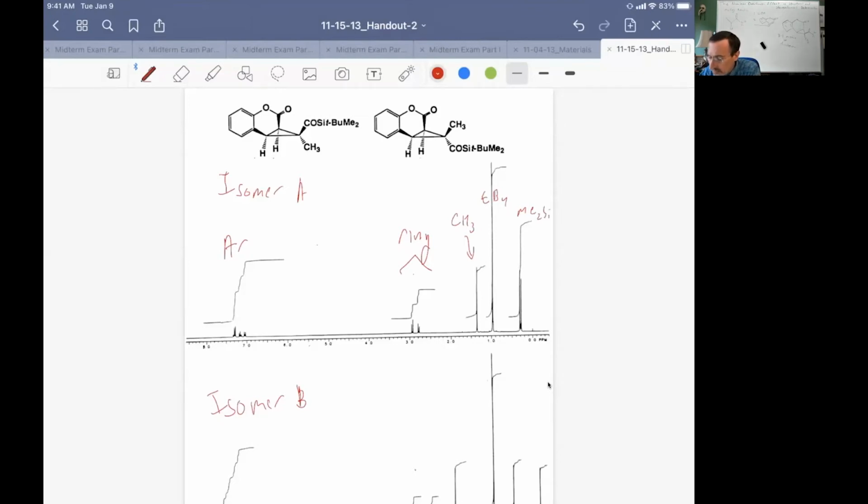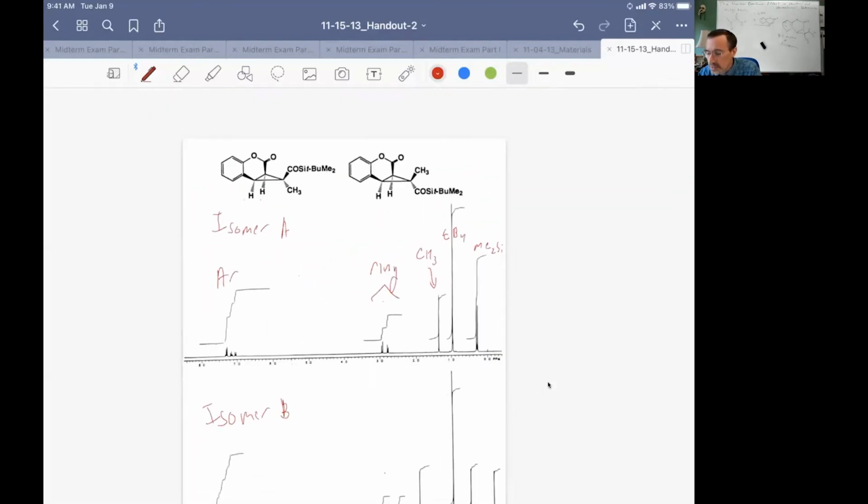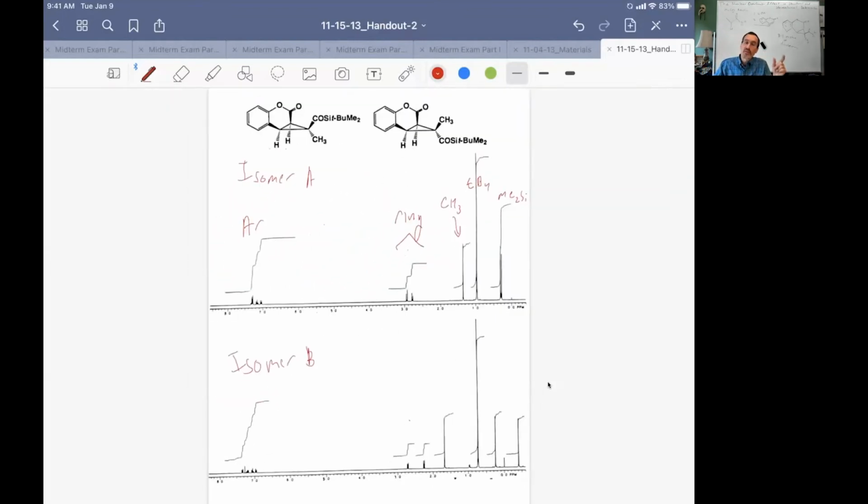The methyls are, of course, diastereotopic, so we see two singlets. Remember, whenever you have a stereocenter in the molecule, and you have two hydrogens connected to a carbon, or two methyl groups connected to a carbon, or two methyl groups connected to a silicon, those methyl groups are diastereotopic.